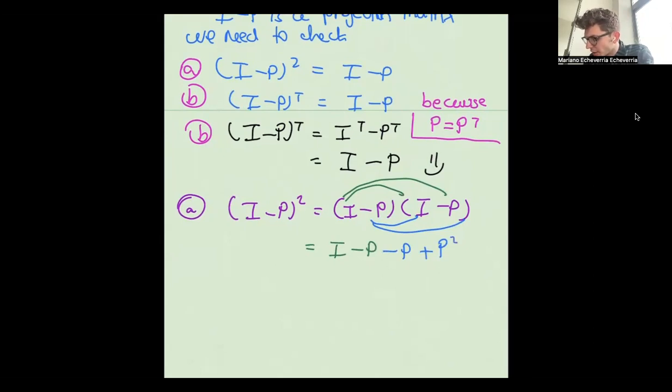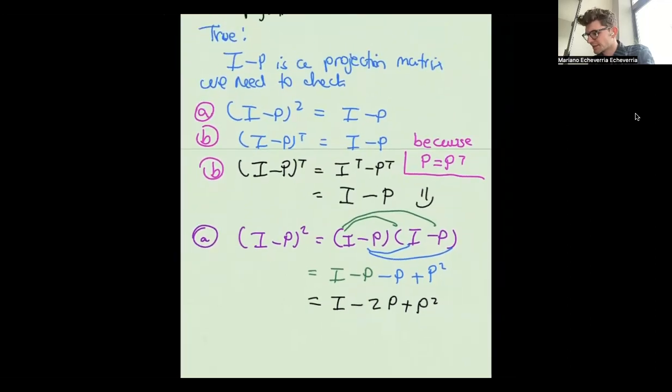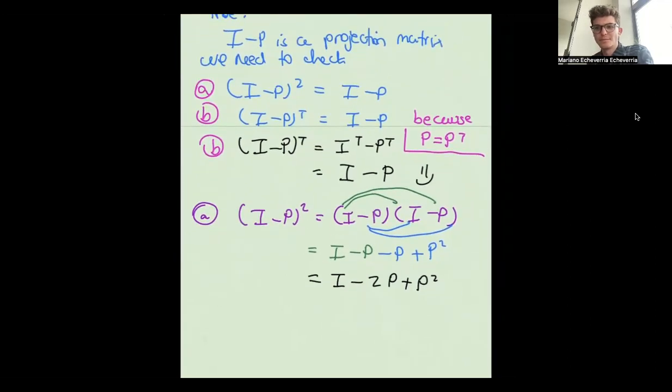Is that making sense with everyone? So this gives you I minus 2P plus P squared. But now what property should I use next? Of the projection matrices, we can say that P squared is equal to P by definition.